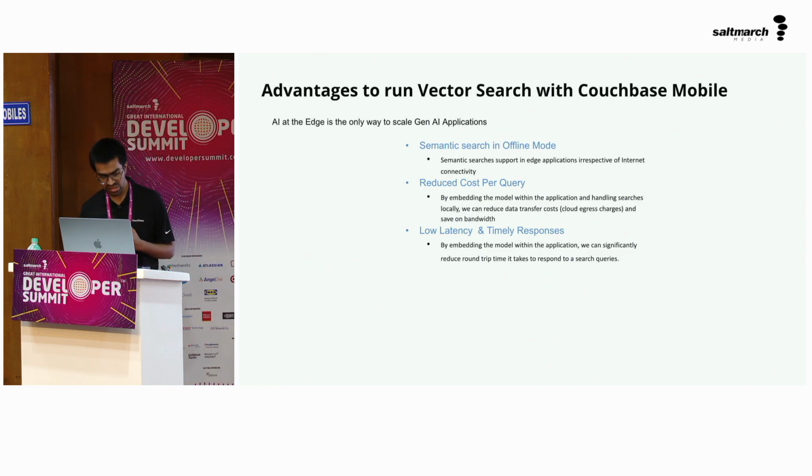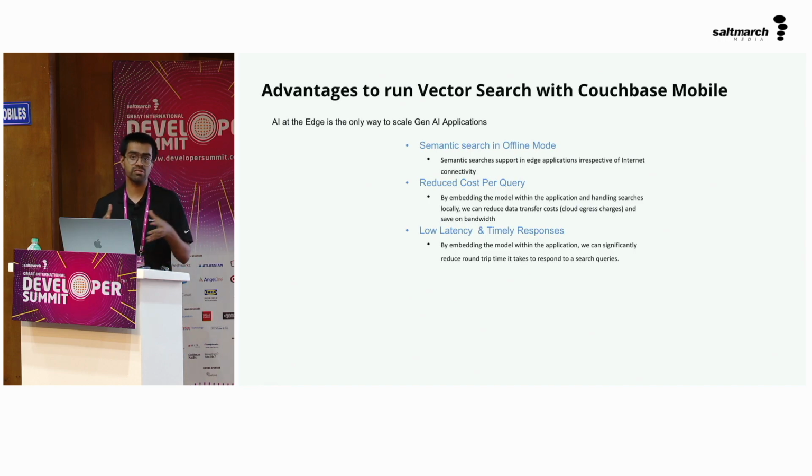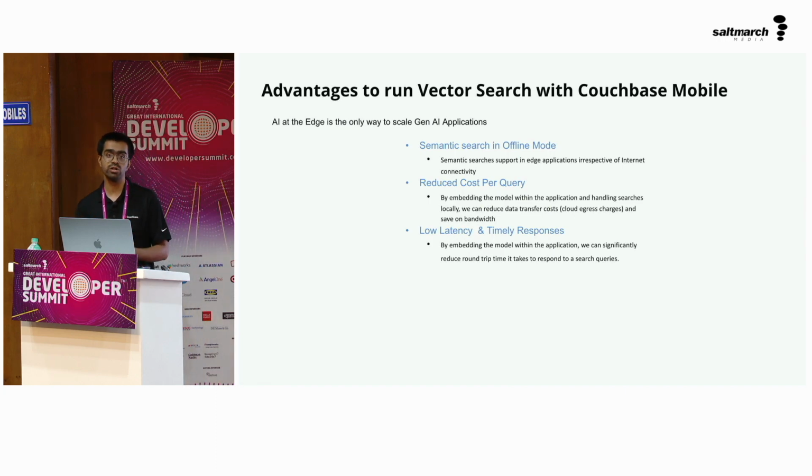The first one is that being able to run your vector search on device means you need special capabilities to run that locally, because of course you are normally working in a very resource constrained environment on edge or on mobile. A lot of times, as business requirements, you might want to run AI models in a privacy-preserving manner.